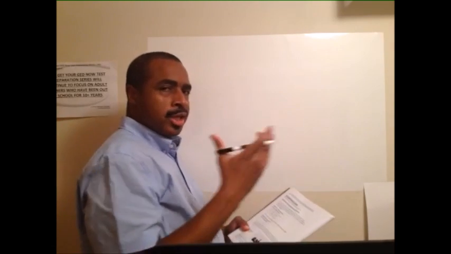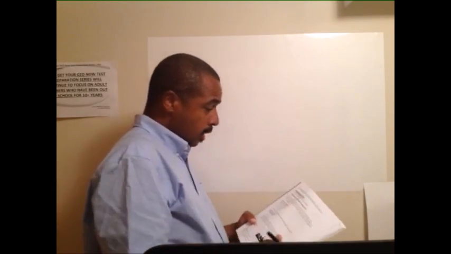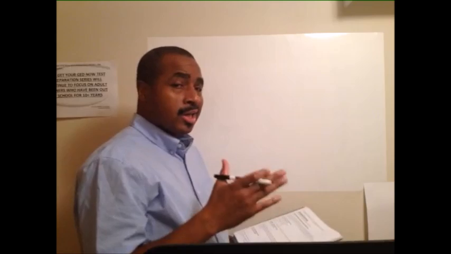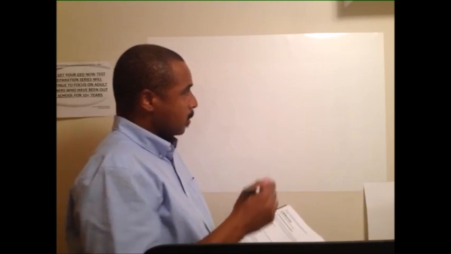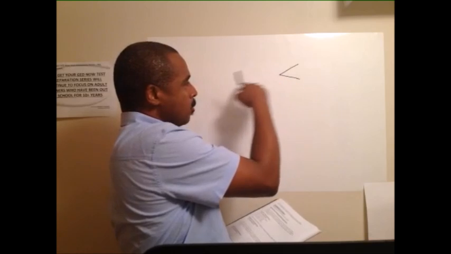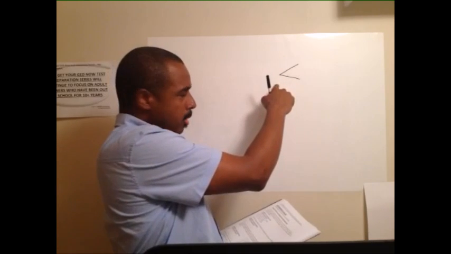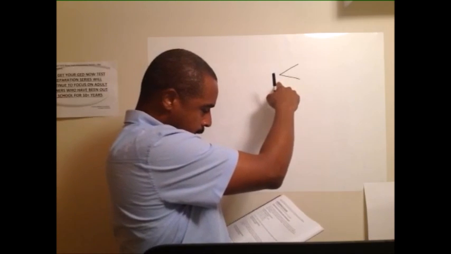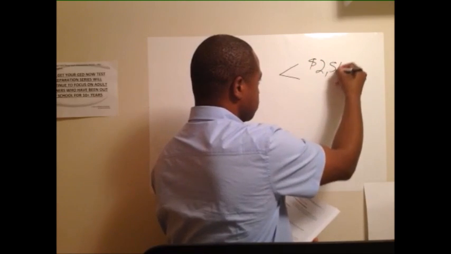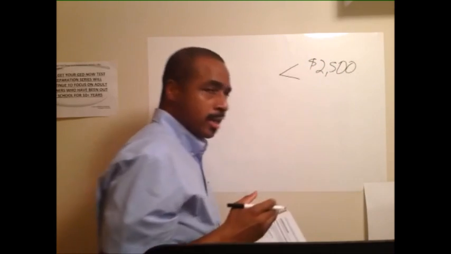Because we read in the problem that Avery did not go over budget, we know that we're not talking about equal, but we're talking about less than. So all that Avery spent, which we're going to list over here in a moment, was less than the budget of $2,500. Okay, so we're looking at an inequality now.